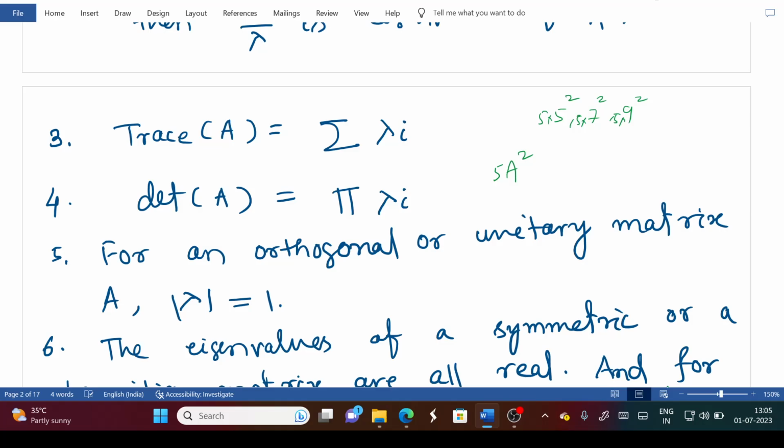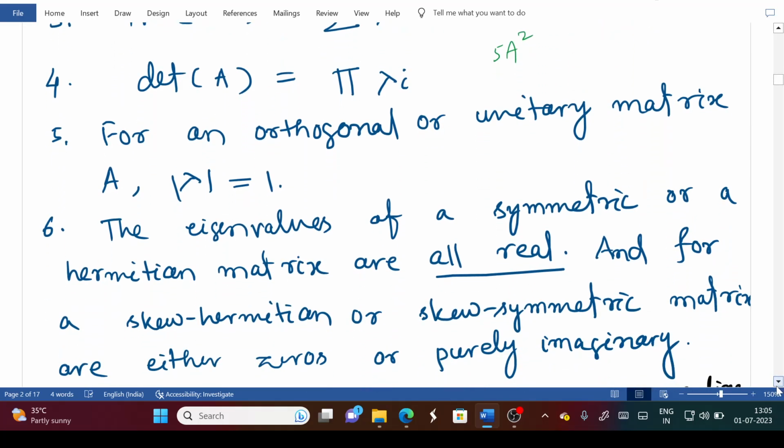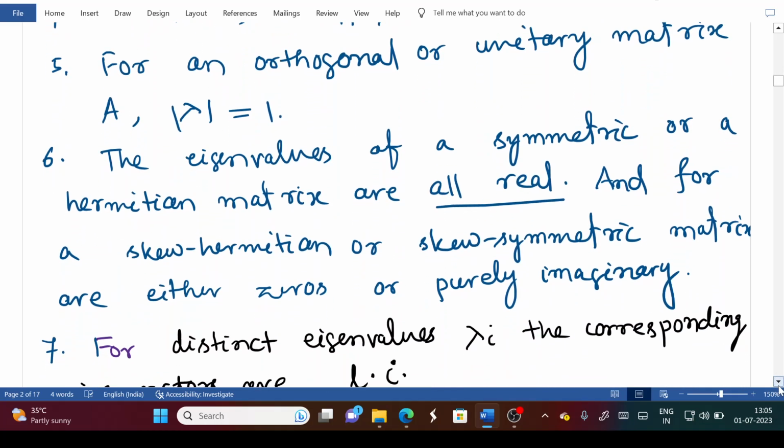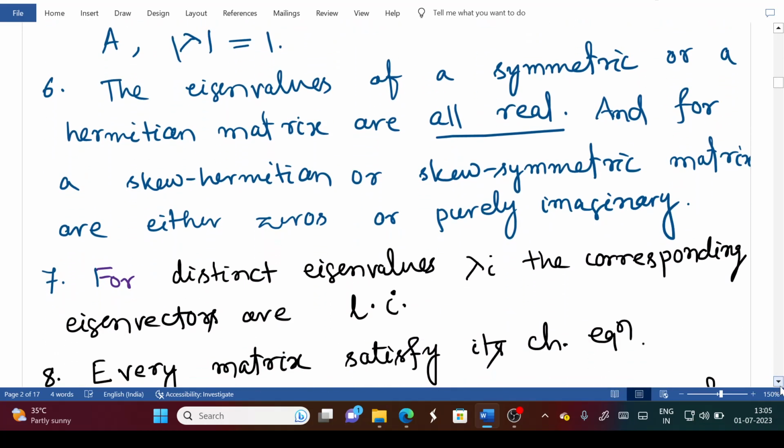We will add these 3. What is determinant of 5A square? We will multiply them. What about inverse of the matrix 5A square? Then we will take the reciprocal of each one of them. Okay, so we can apply our concepts to simplify a very complicated problem.